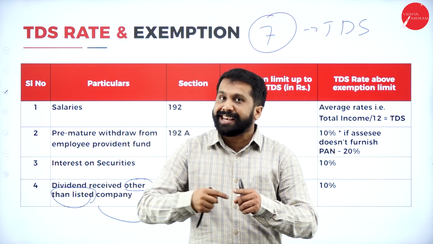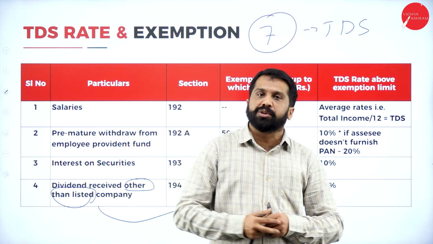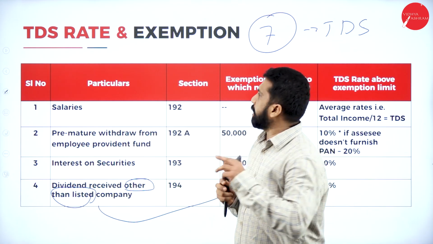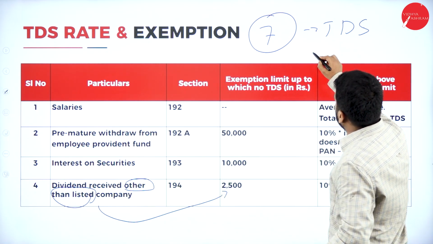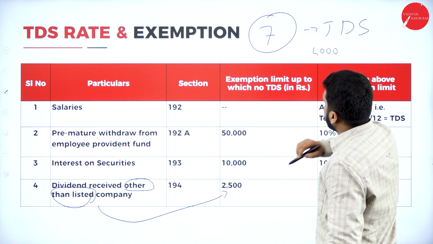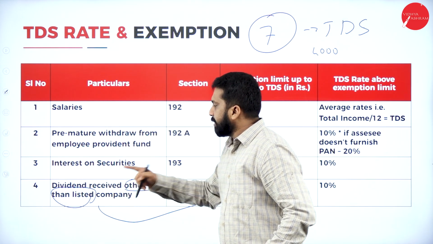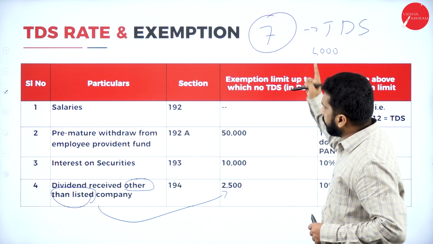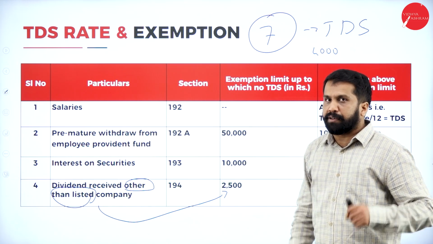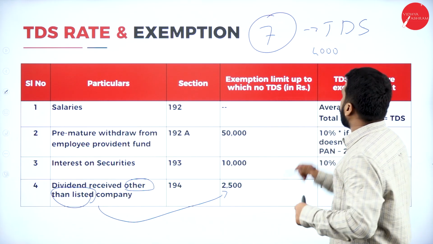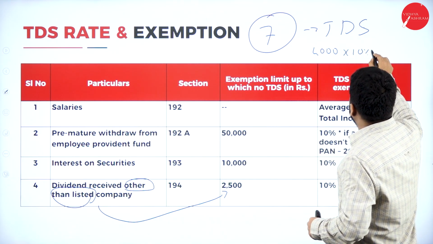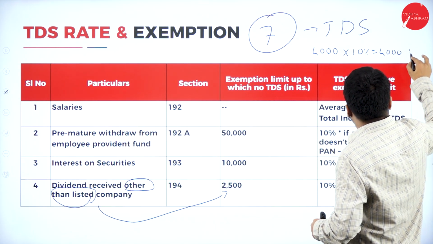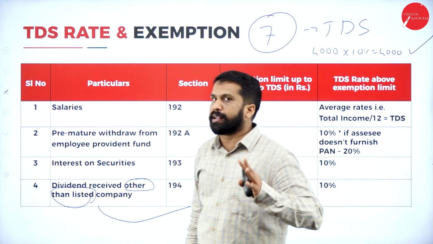So I am telling this again and again because many students make this mistake. I'll give you an example. In your exam, what are you supposed to do? 4,000 they have given as dividend other than listed company. What is the limit? 2,500. Above the limit? Yes. 4,000 into 10%, answer is 400. This is 100% correct.